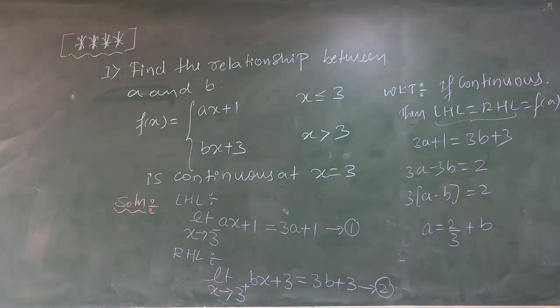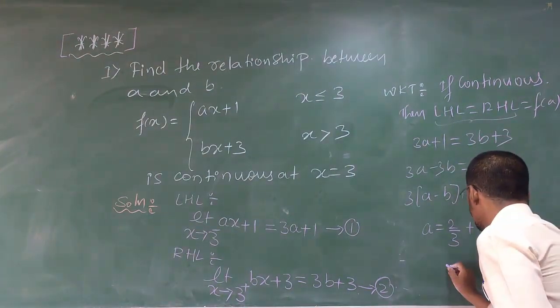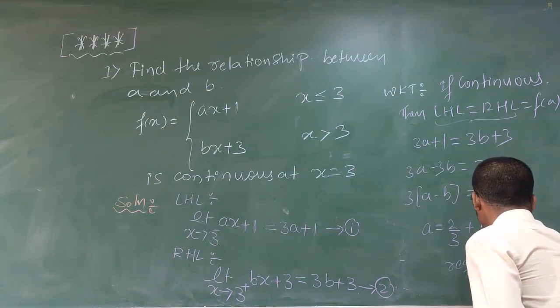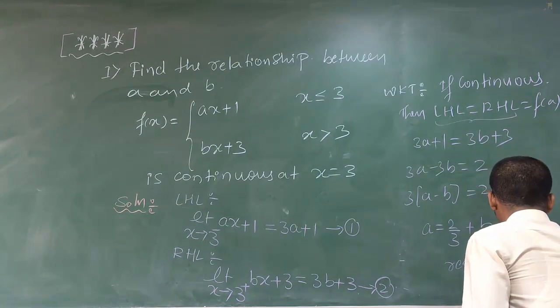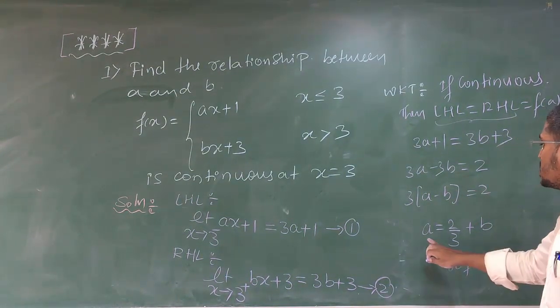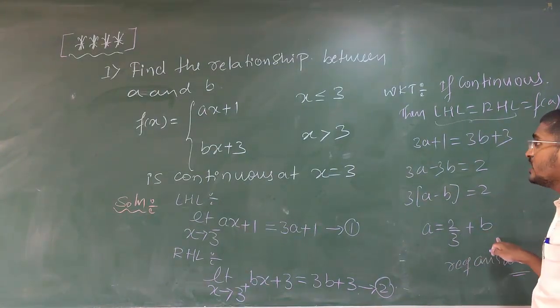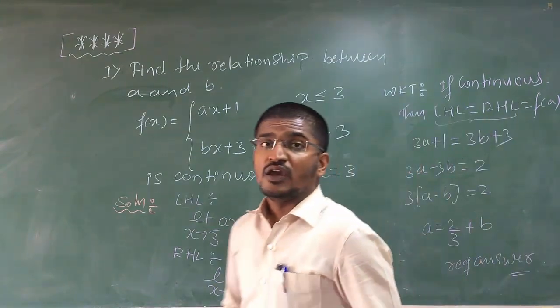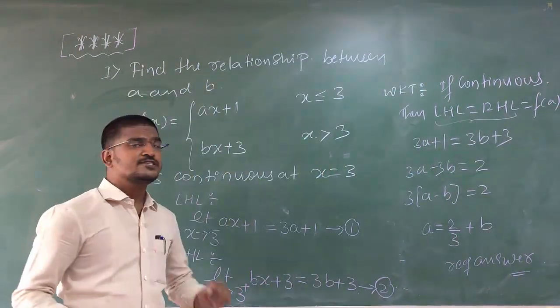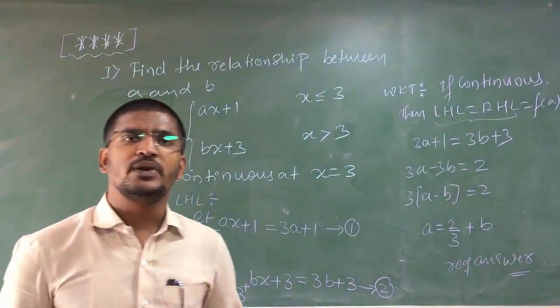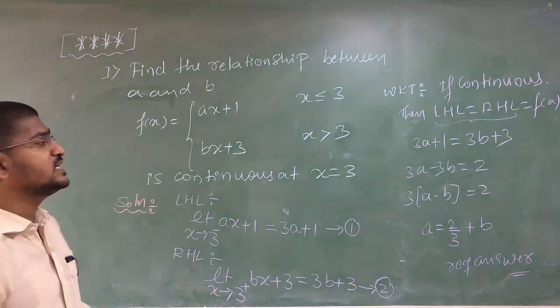So this is your required answer. That is, the relationship between a and b is a equal to 2 by 3 plus b. If you solve this much, it is more than enough for complete marks in your board exam.